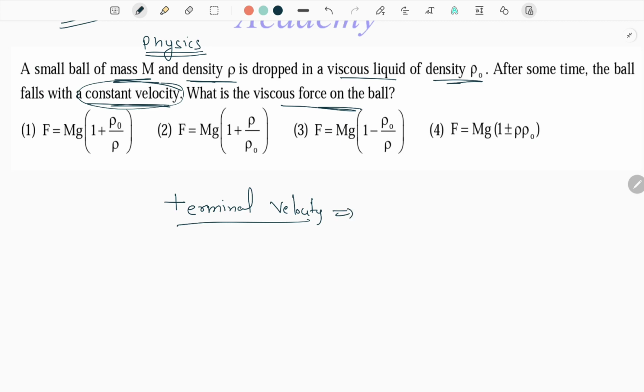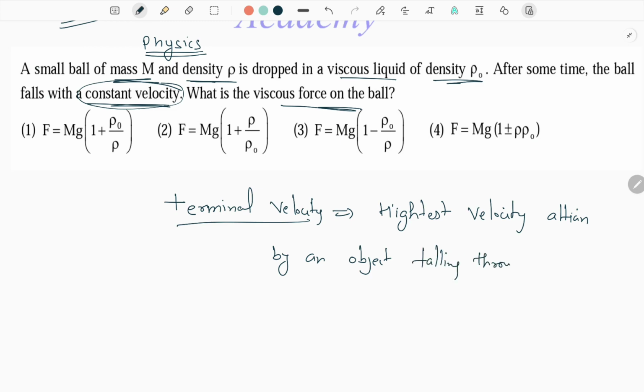It is defined as the highest velocity attained by an object falling through a fluid. So this is terminal velocity, and it says it's constant velocity.